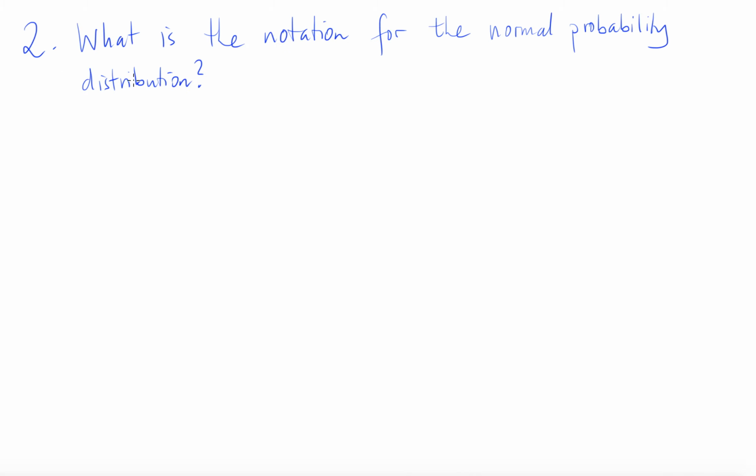So question 2 was, what's the notation for the normal probability distribution? Just as a reminder, for the binomial, we use this. If a variable x was binomially distributed, we wrote x is binomially distributed with a number of trials n and a probability of success p.